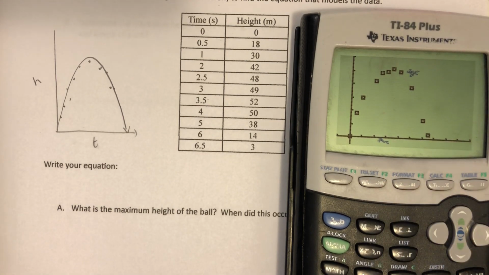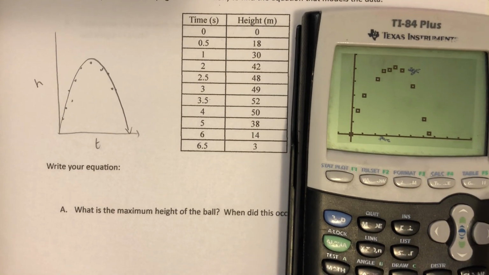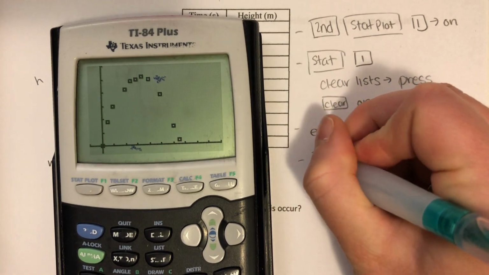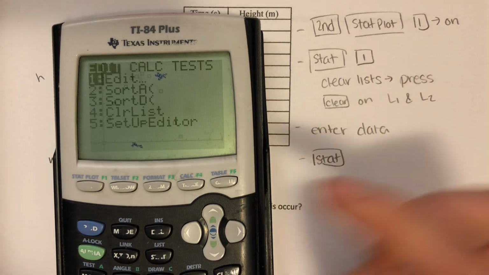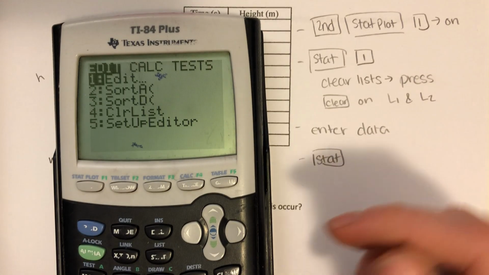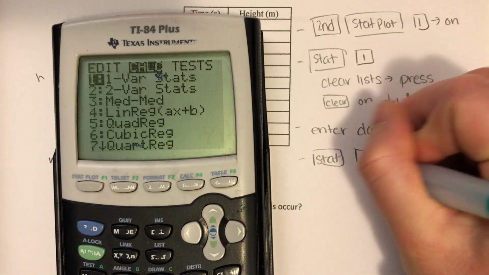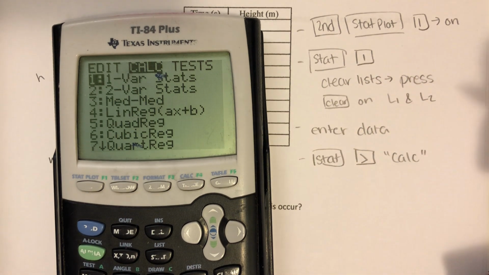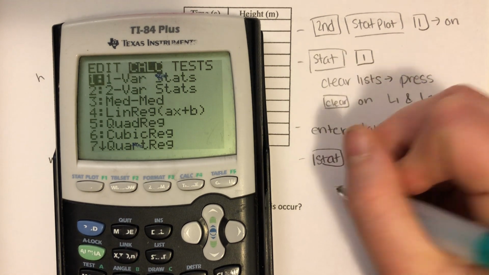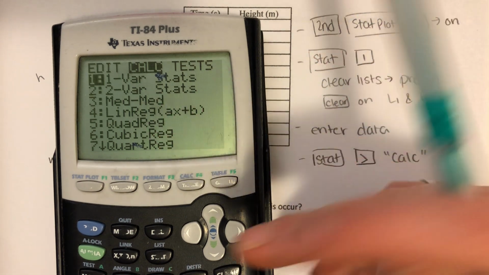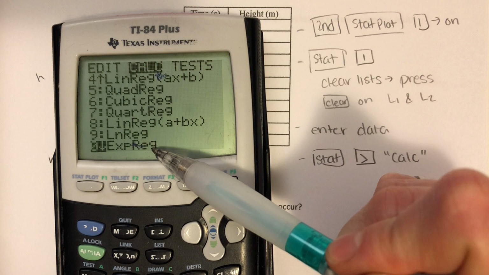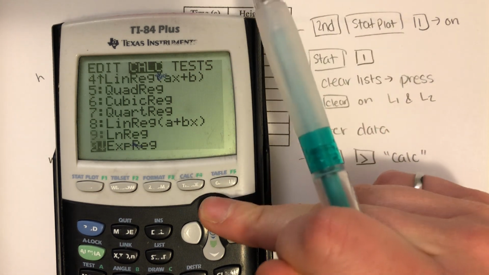Now we need to tell our calculator to actually give us a function, an equation for this. So now we press that stat button again, and we go calculate. So we scroll over once to calc. And this is when we need to pick the type of regression. Last time we did this, we were doing an exponential regression because we were dealing with exponential functions.